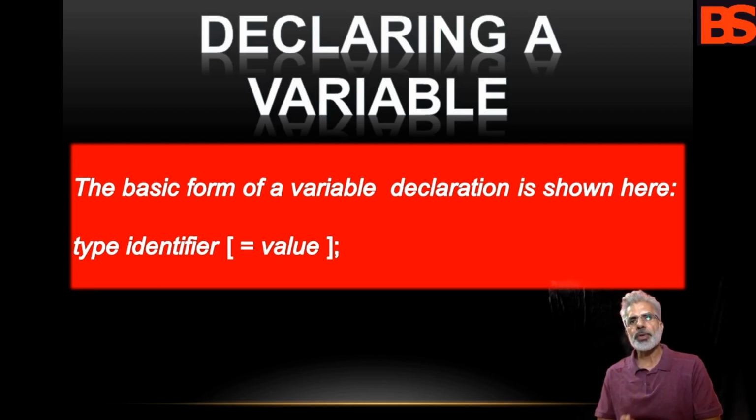The identifier is the name of the variable, and you can initialize the variable by specifying an equal sign and a value. Keep in mind that the initialization expression must result in a value of the same or compatible type as that specified for the variable.